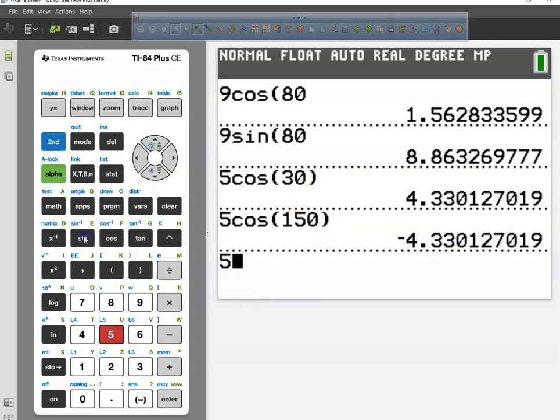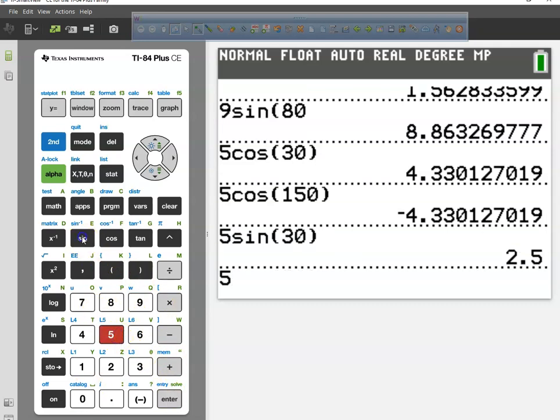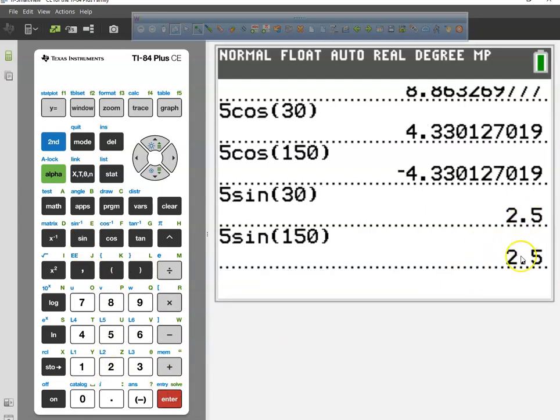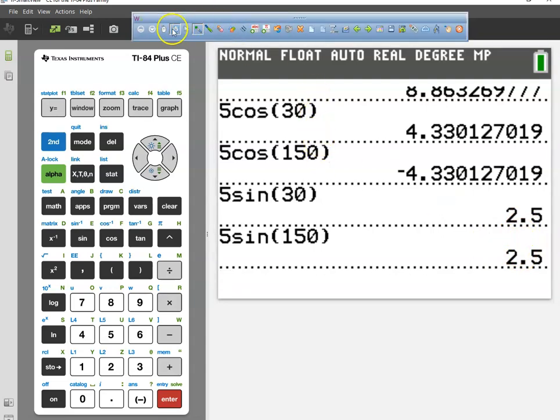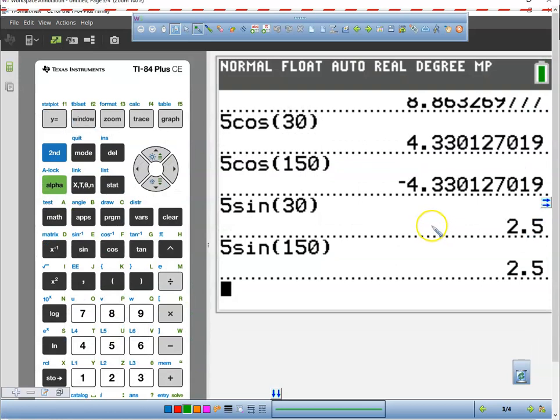If I did 5 sine 30 and 5 sine 150, does everybody see why these are the same, but these are not? Because remember, x is positive in the first quadrant, and it's negative in the second quadrant. So what's going to be my answer? Negative 4.33, but my y value is just what? 2.5.